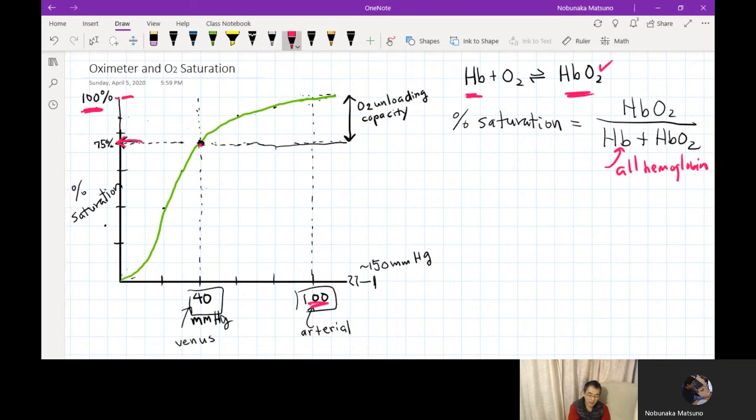So in reality, it just moves between 100% and 75%. So once the oxygen is unloaded, only 25% of the hemoglobin is actually used to unload oxygen to tissues. Under normal circumstances, the O2 unloading capacity is somewhere between here and here.